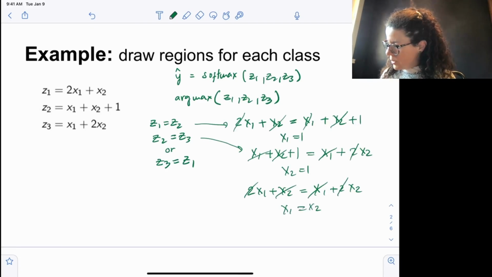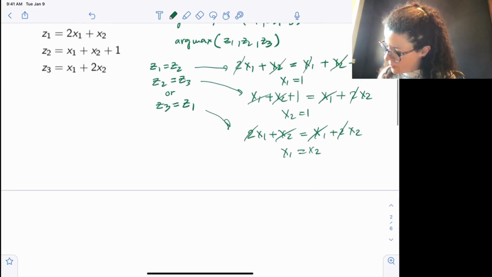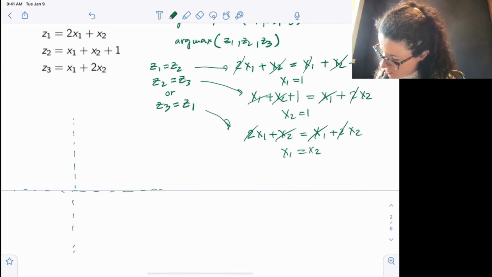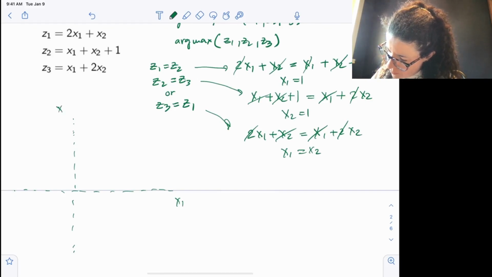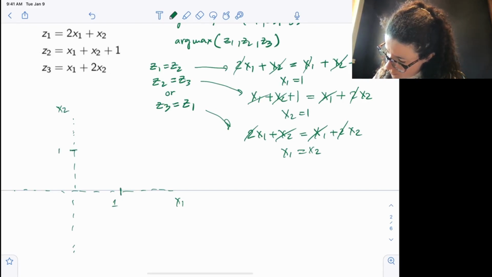Okay, so let's draw these equations. First of all, this is my axis. This is x1, this is x2. Let's say that this is 1 here, and this is 1 here.